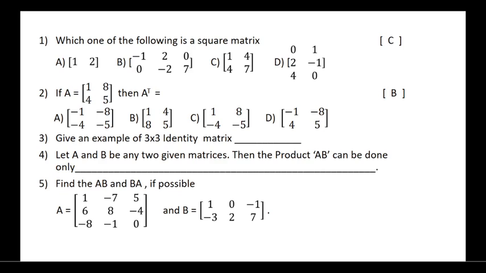In the second question, A is a matrix containing 2 rows and 2 columns. First row 1, 8, second row 4, 5. Then A transpose. Already you know, transpose means interchanging the rows and columns. So for the given matrix A, interchanging the rows and columns appears in which option?